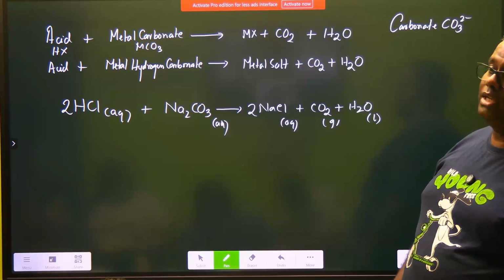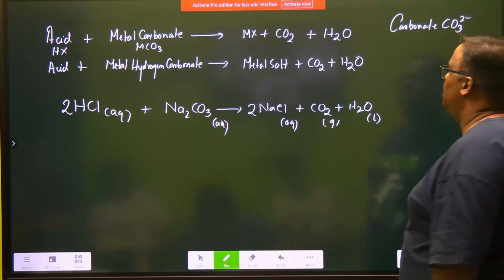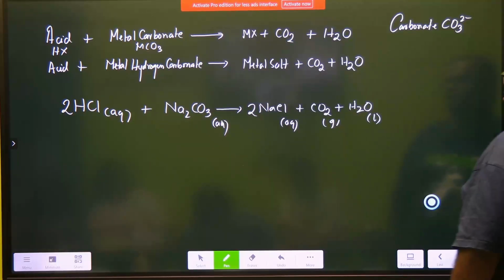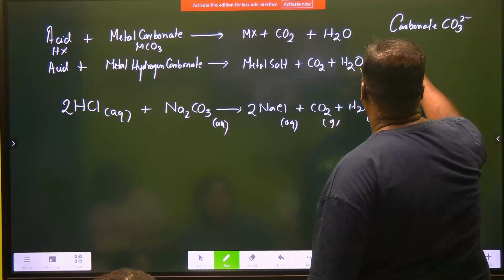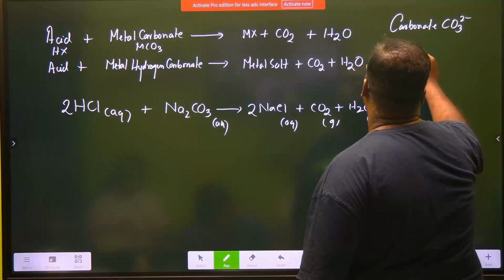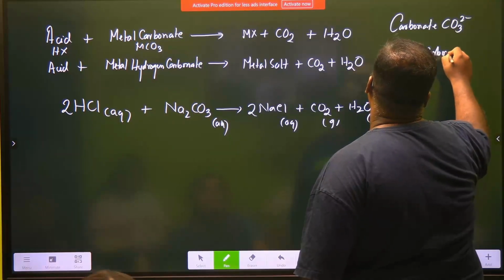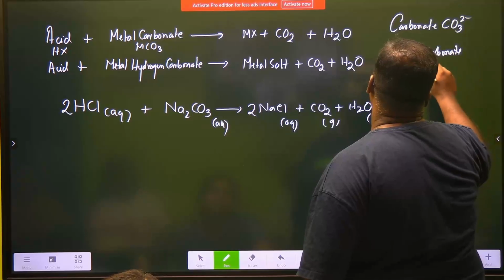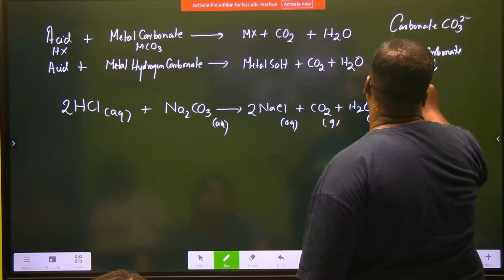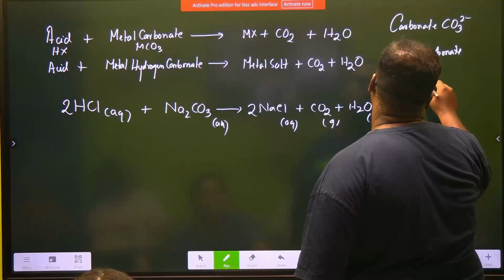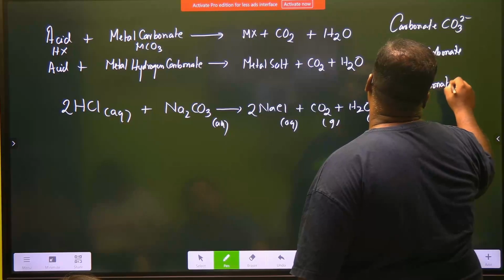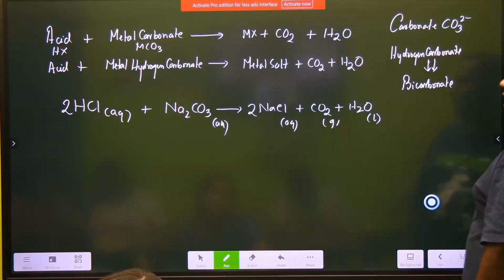Now let's look at metal hydrogen carbonate. Hydrogen carbonate is also known as bicarbonate. Bicarbonate means one hydrogen has come.